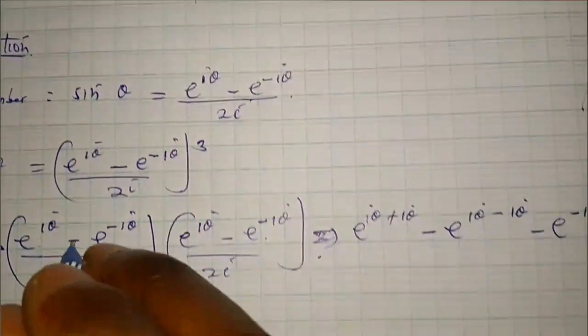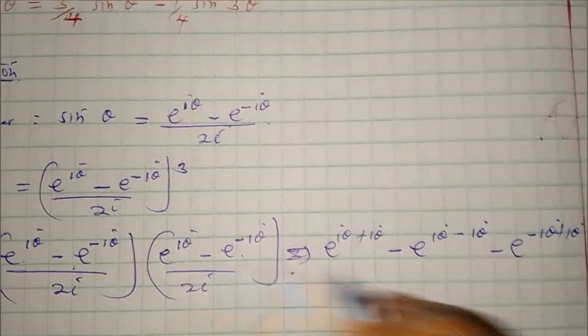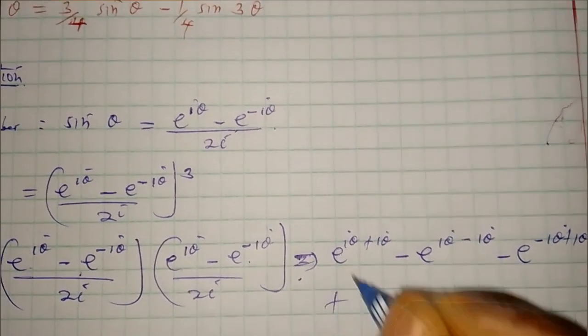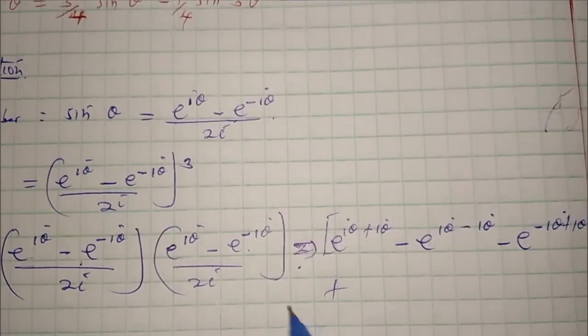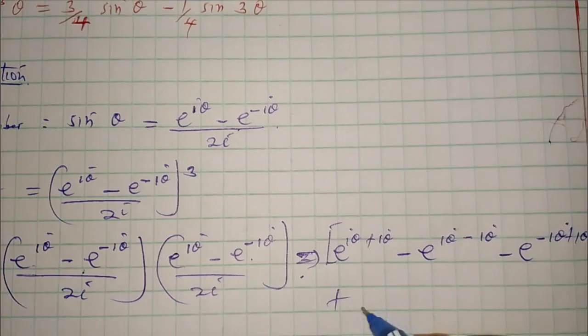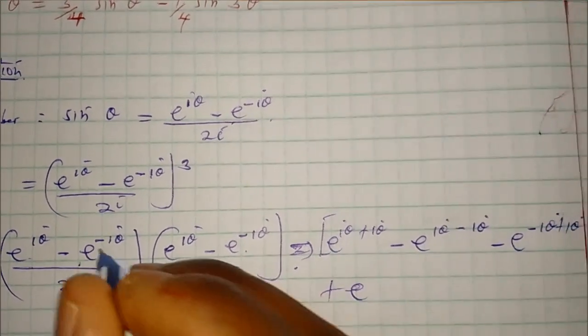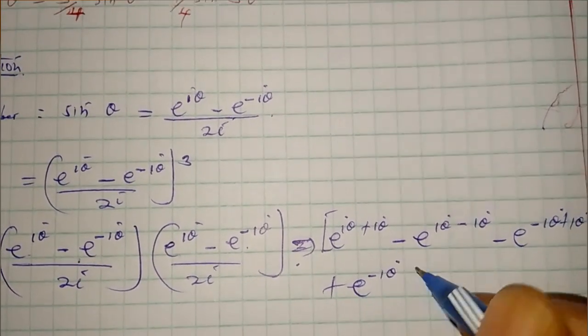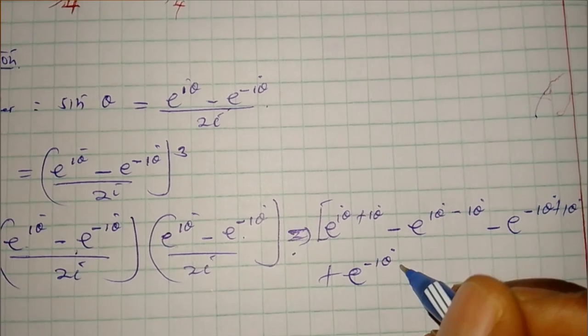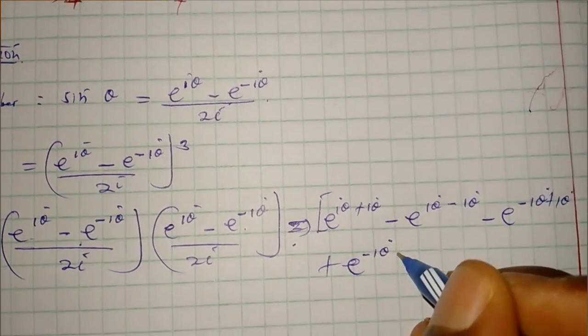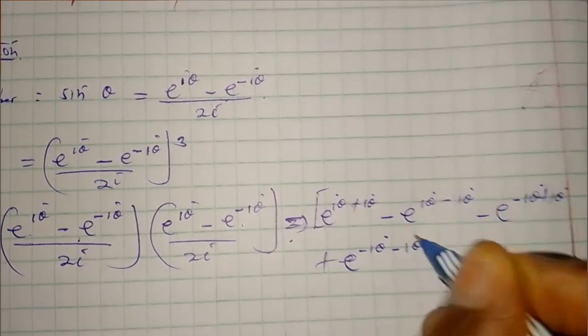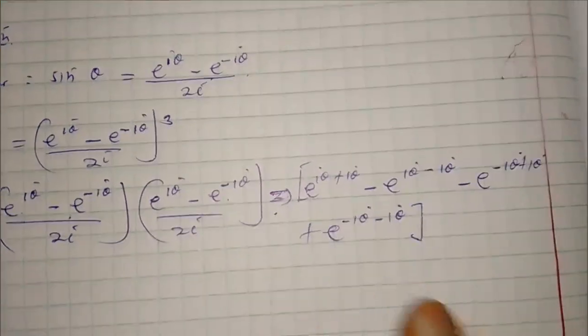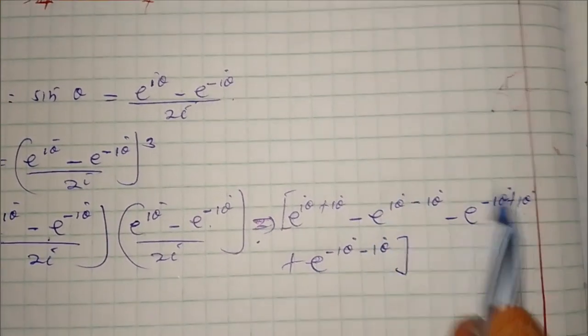Then negative times a negative is a positive, so it is plus e raised to power negative i theta minus i theta. Remember, the law of indices is what we are using here.